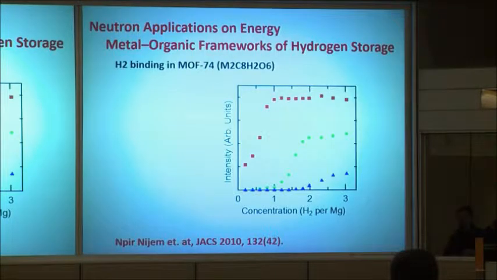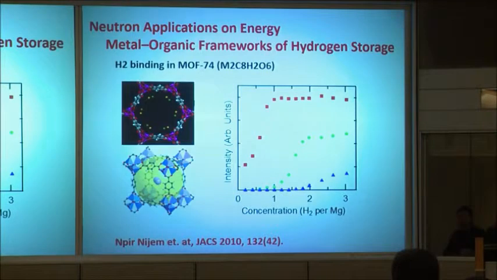And this is for hydrogen storage, using a metal organic framework. This kind of work is possible because the neutron has a large cross-section with hydrogen. So you can study very detailed information about this kind of hydrogen storage. That's a widely used method.